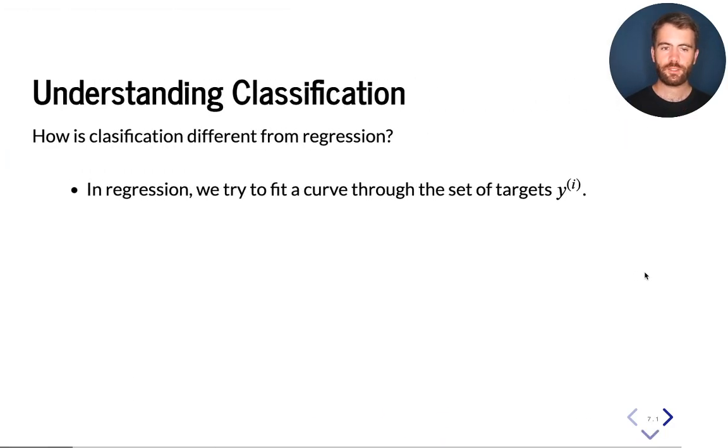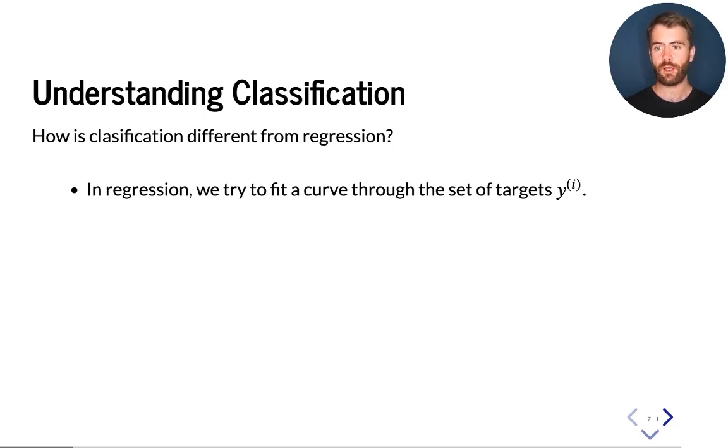So let's look a little bit more at the differences between classification and regression. You can think of a regression problem as trying to fit a curve or a line that goes through a given set of targets y. As an example, you may recall our diabetes prediction task, where we tried to fit a line through data points that were pairs of BMI and diabetes risk scores.